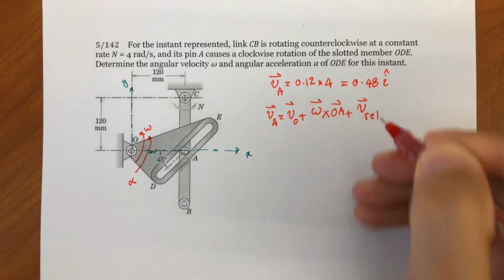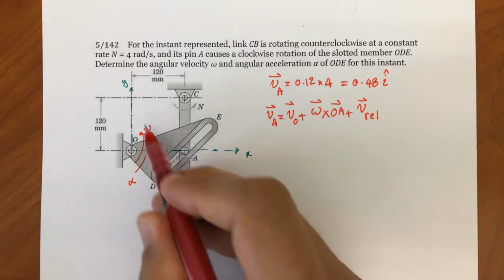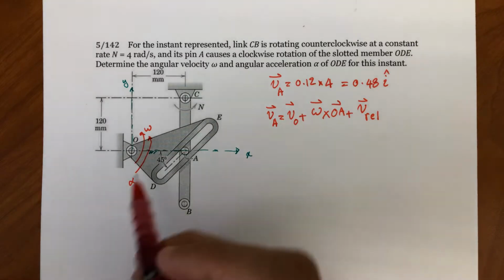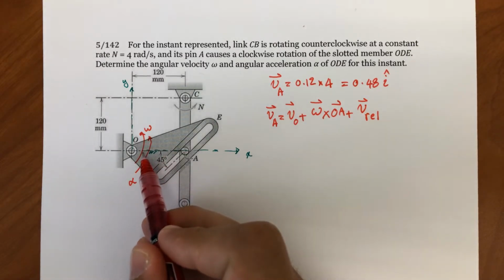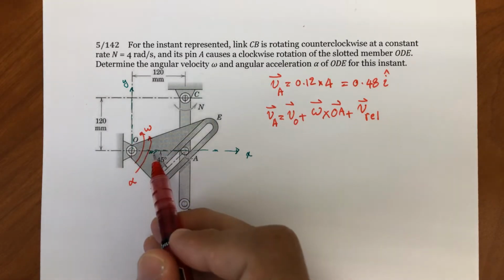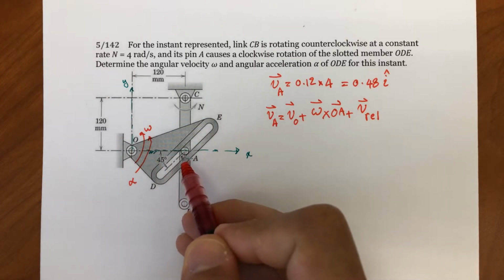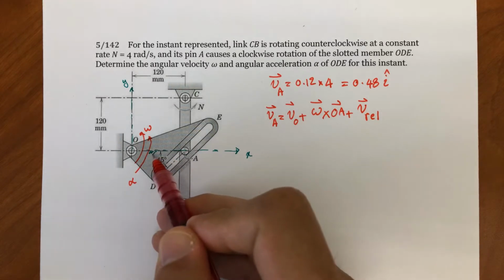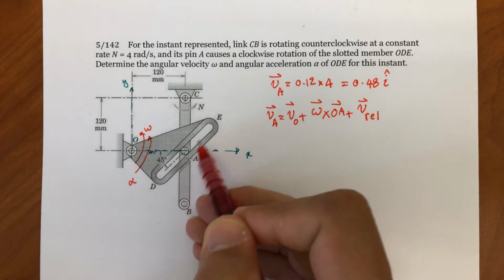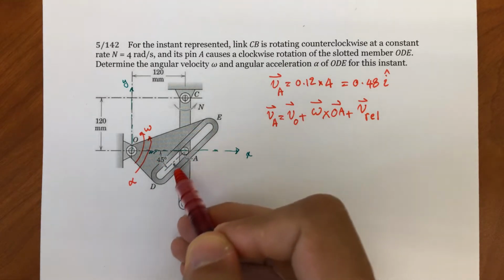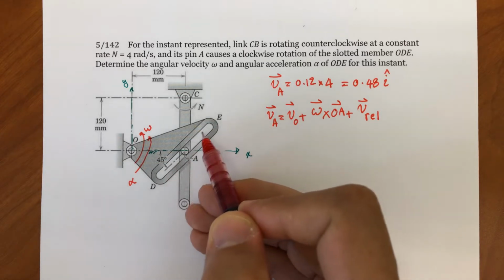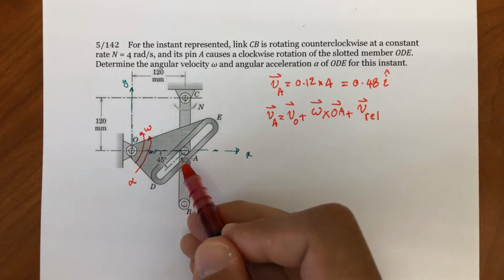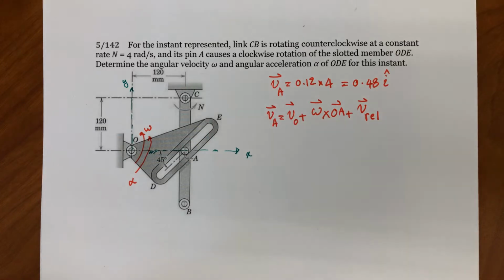And V rail here means the velocity of this pin in the xy coordinate. If you sit on this sector, which means your coordinate is xy now, and look at pin A, you're going to see A is moving on this slot, right? Let's say you don't know you're rotating and you're just looking at point A. You're going to see A is moving in this direction, and that velocity that you are seeing is the V rail.